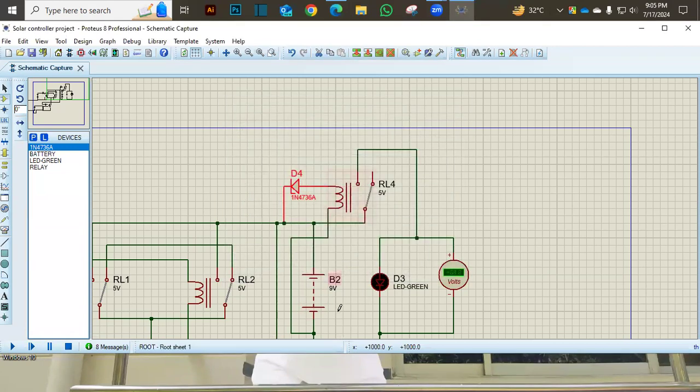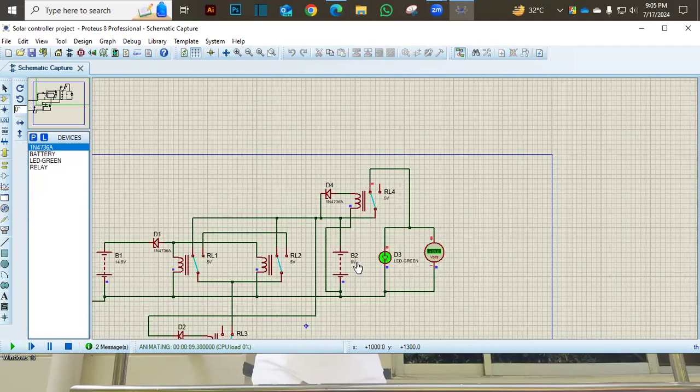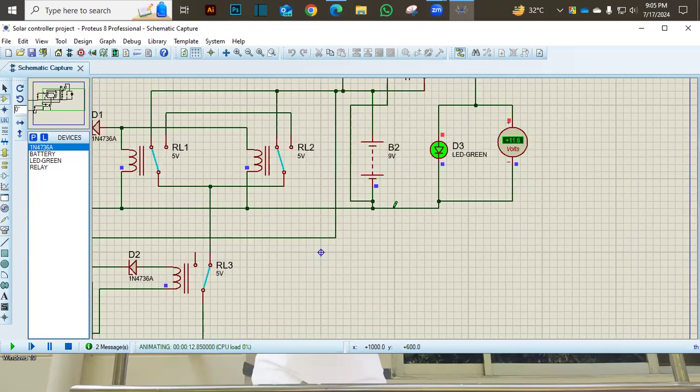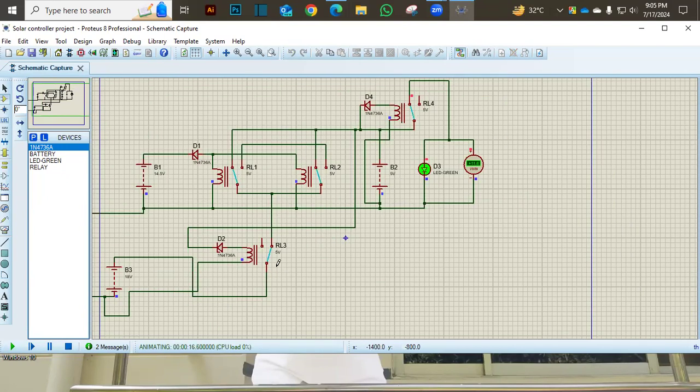Okay, so our battery is going to be charged from this 9 volts. This problem is created for this situation because this is our low voltage battery and our solar is charging this battery, and that's why the bulb is running.